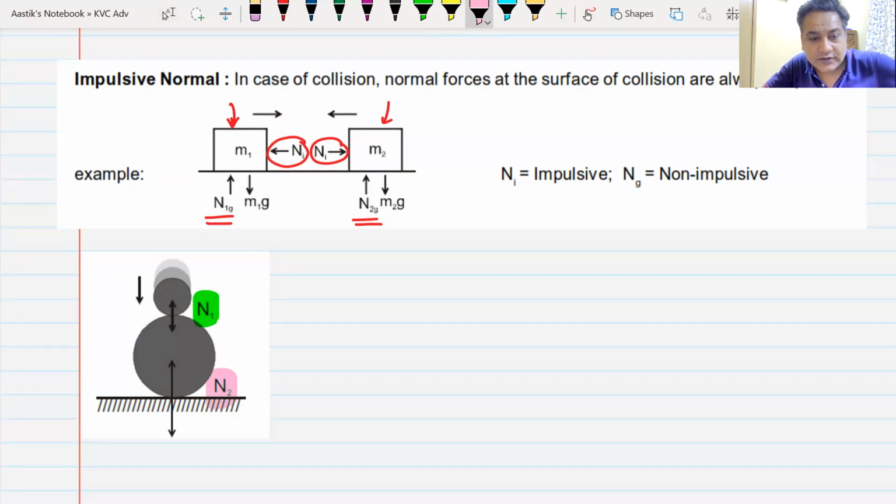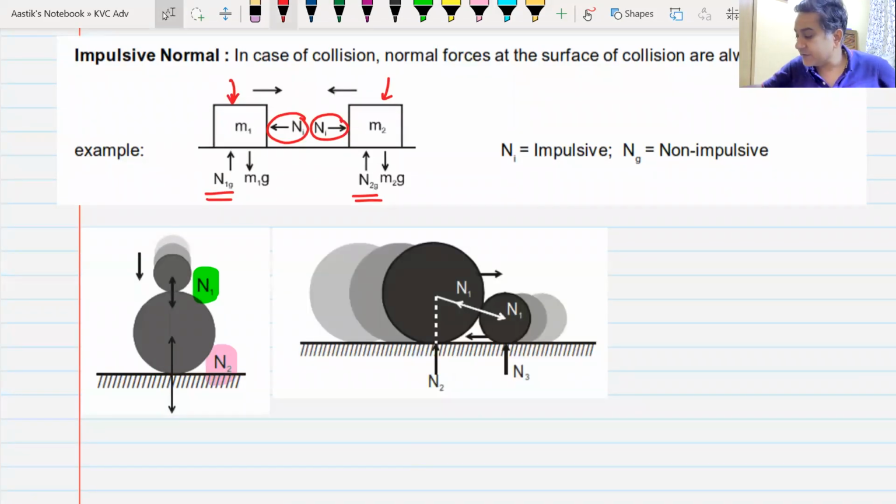Now we will look at the third diagram and you can see which force is impulsive and which force is non-impulsive. This one is diagram number 1, this is diagram number 2, this is diagram number 3.